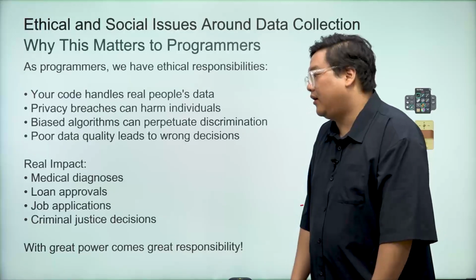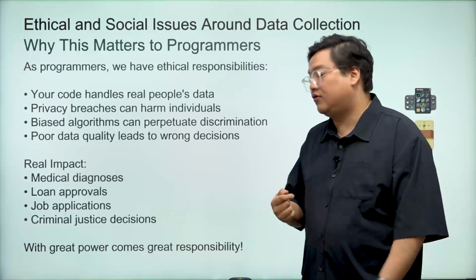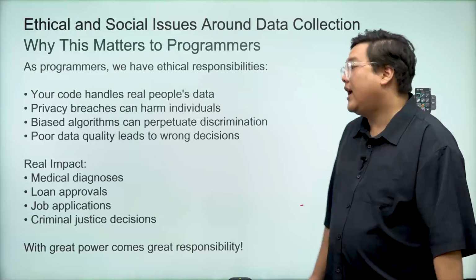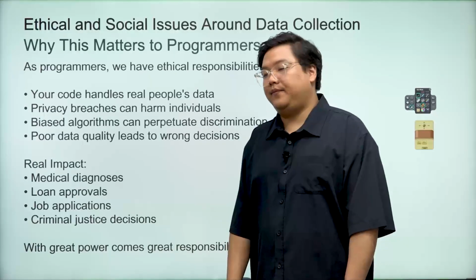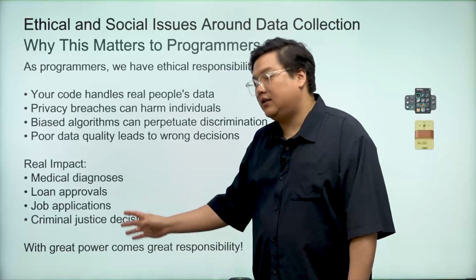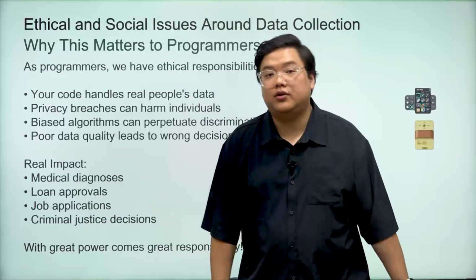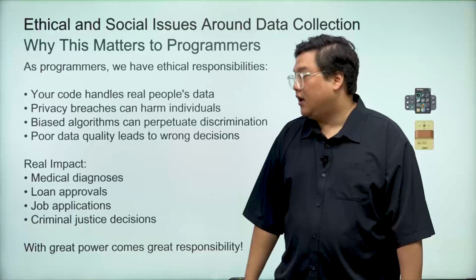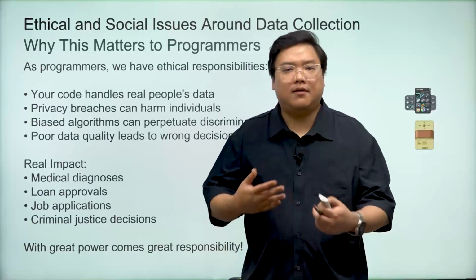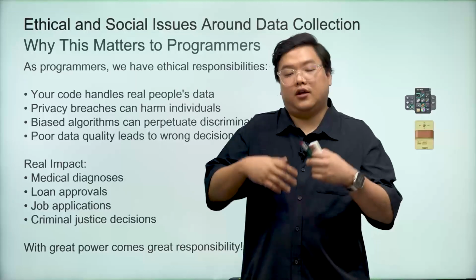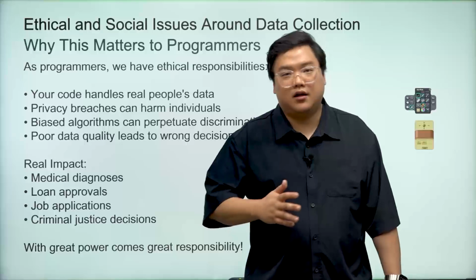The real impact would be on medical diagnosis, loan approvals, job applications, criminal justice decisions, and all of these cases. I won't go into these specific cases a lot, but all of these have faced some kind of ethical and social issues, especially in the beginning stages of AI, when companies tried to implement AI, the training data they were trained off of caused discrimination.